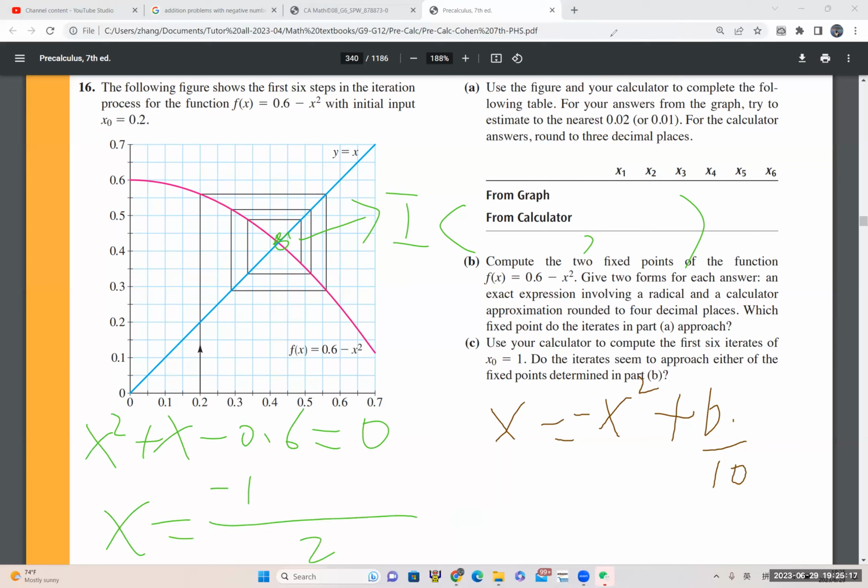Negative b plus or minus, minus 1 and 1 and 1 multiply 0 negative 0.6, right?